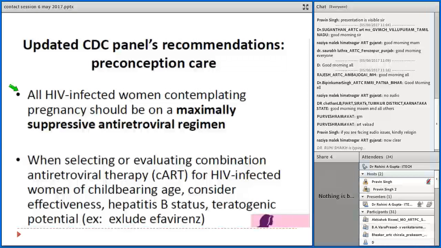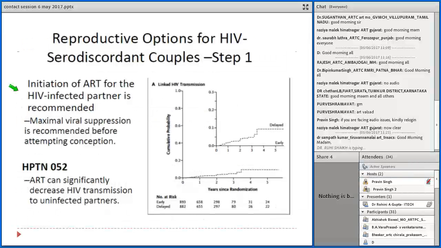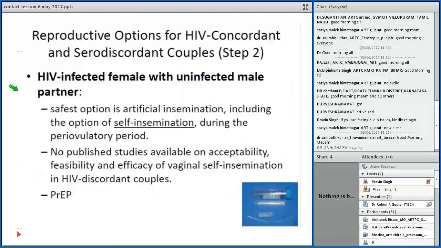All HIV infected women contemplating pregnancy should be on a maximally suppressive antiretroviral regimen. When selecting or evaluating combination antiretroviral therapy for HIV infected women of childbearing age, consider effectiveness, hepatitis B status. This is no longer there. Teratogenic effect of efavirenz has been excluded.